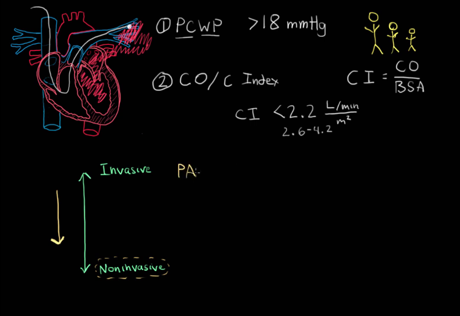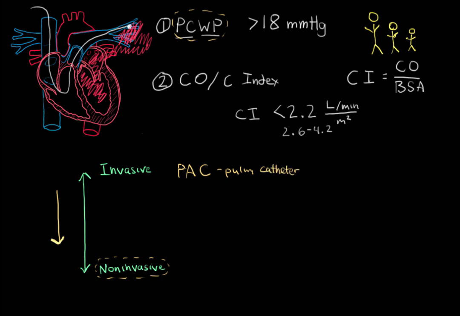You can use a pulmonary artery catheter, just like you use to assess the pulmonary capillary wedge pressure. So if you already need to assess this pulmonary capillary wedge pressure, then you can kill two birds with one stone and measure the cardiac output along with it. So this is the pulmonary artery catheter.